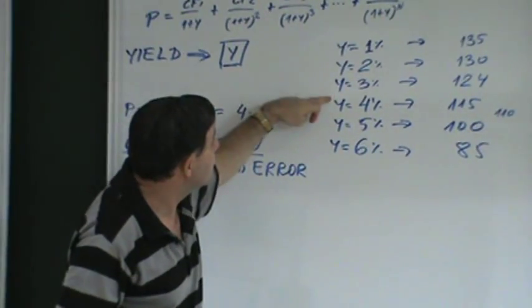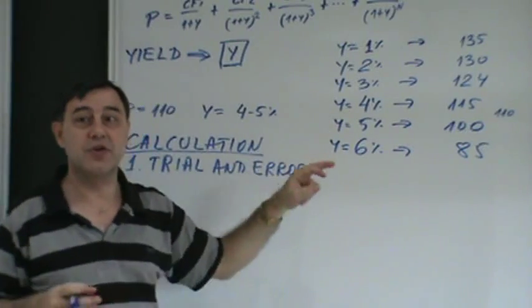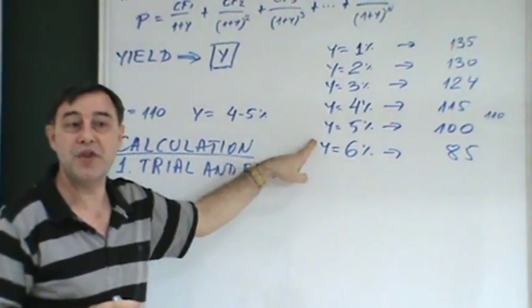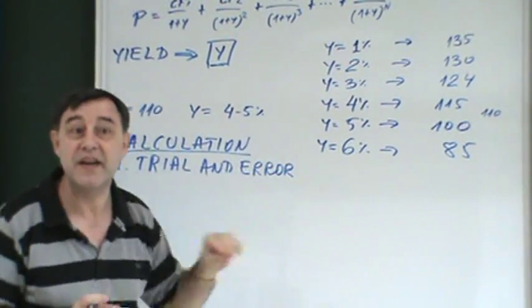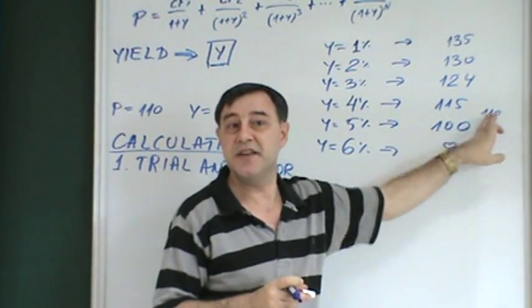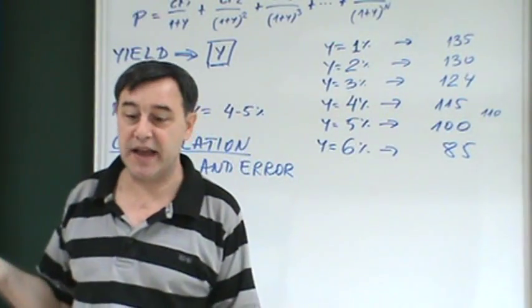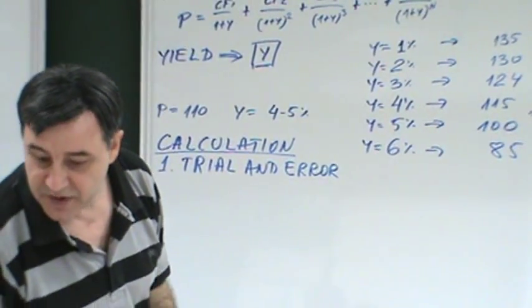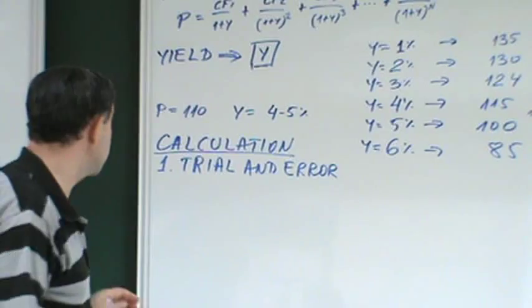And then you start working between 4 and 5. How are you going to work between 4 and 5? 4.1, 4.2, 4.3, 4.4, 4.5, and see which of these is going to nail it close to 110. And that's trial and error. They show you, I think, something very similar on pages 36 and 37.